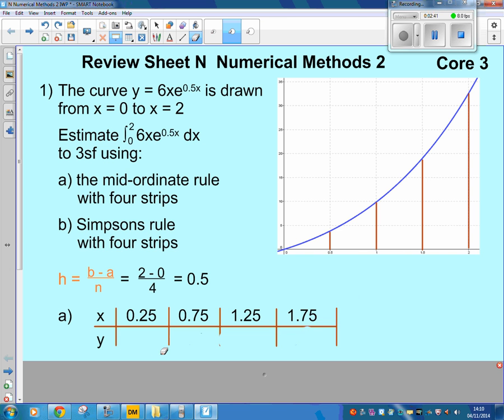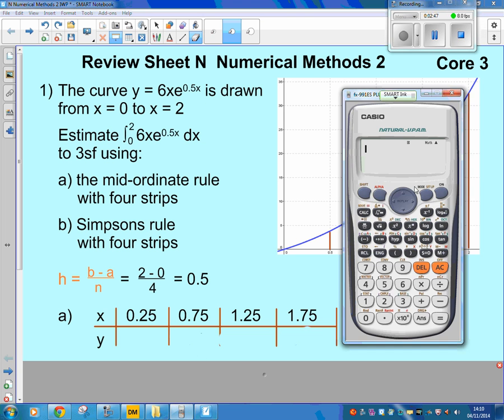To get the y-coordinates, the easiest thing to do is to type the equation into your calculator. Firstly I check that I'm in mode 1, and then I put in the equation, which is 6x e to the 0.5x, and I check that it is the same as the equation I'm given here and in the integral.